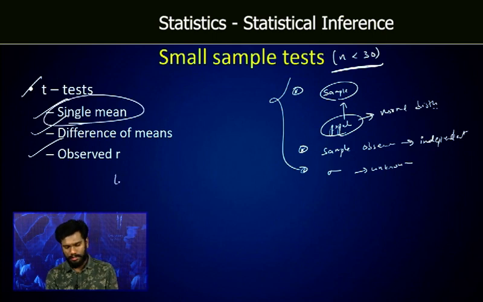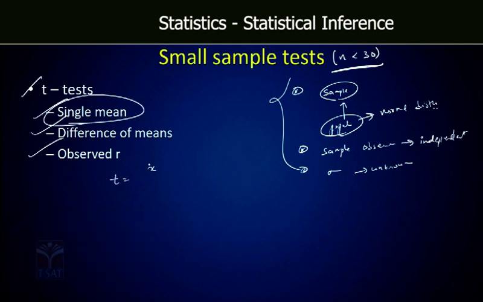The t statistic is given by x bar minus mu by capital S by root n. So what is capital S square? Capital S square is equal to 1 by n minus 1 into summation of xi minus x bar whole square. Small s square is 1 by n into summation xi minus x bar whole square.